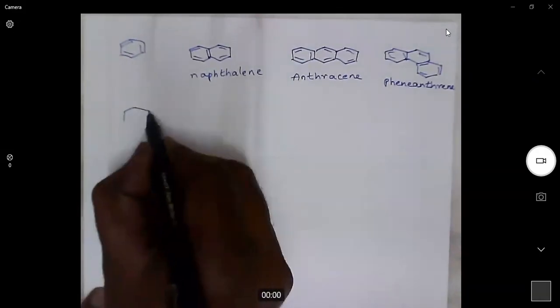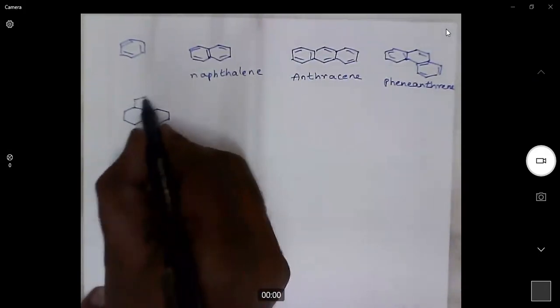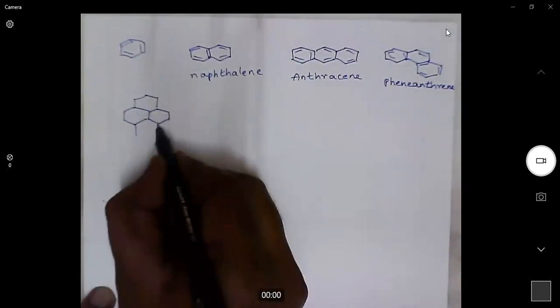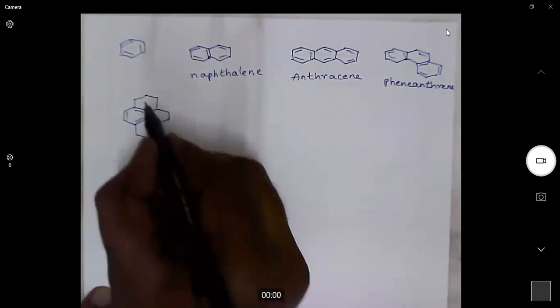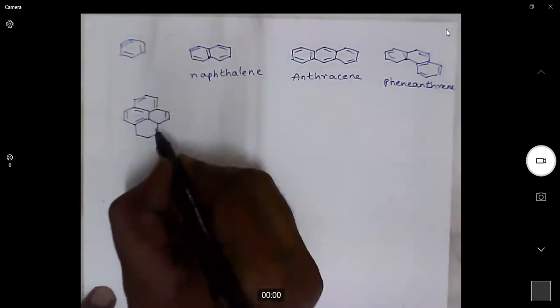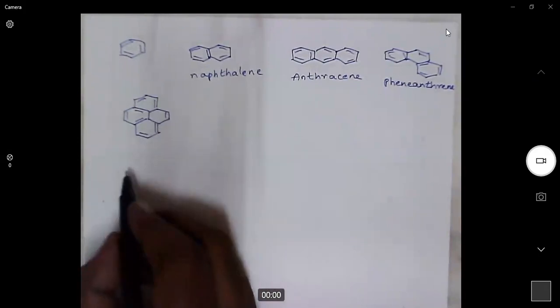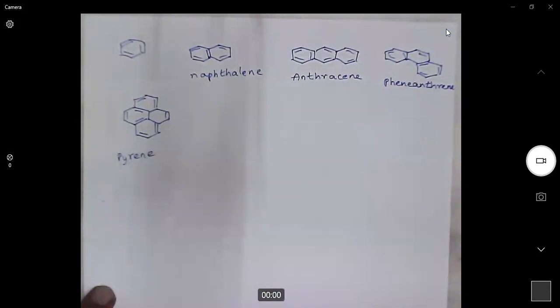When we have four rings in this form, one ring above the others, this is called pyrene.